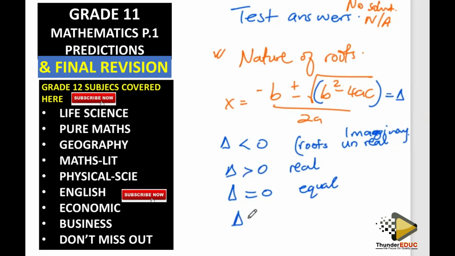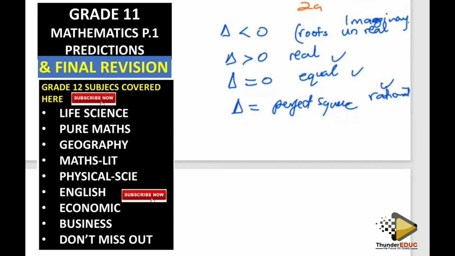If the discriminant is equal to a perfect square, then we know that the roots are rational. Okay, so roots can be real, they can be equal, and they can be rational. So in most cases, it could be 2 or 3 characteristics in that case. Okay, so that is to do with the nature of roots.